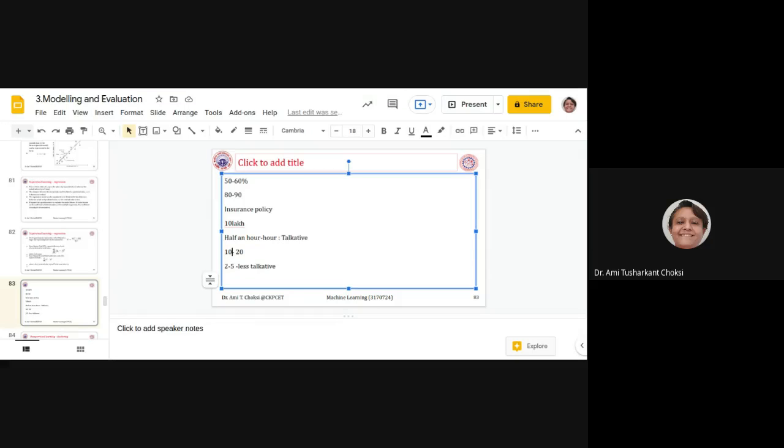Whatever is similar, say 5 to 9, will be similar to this one or that one, fine. So based on the feature we have selected, how much people talk on the phone, we have categorized them into three parts.